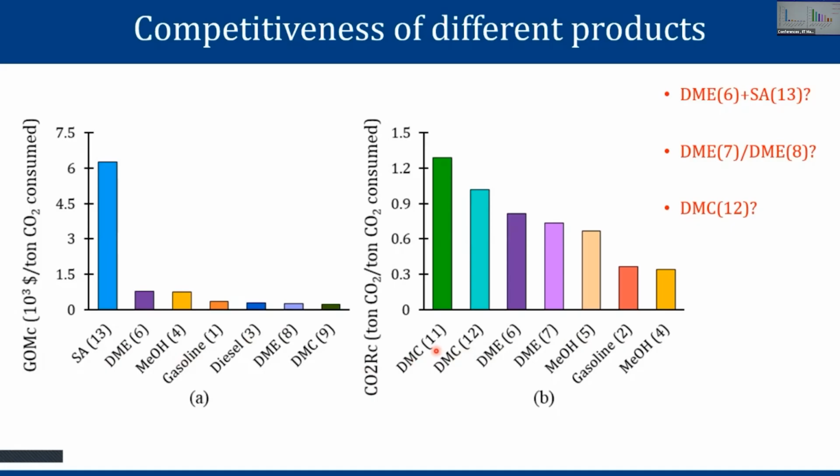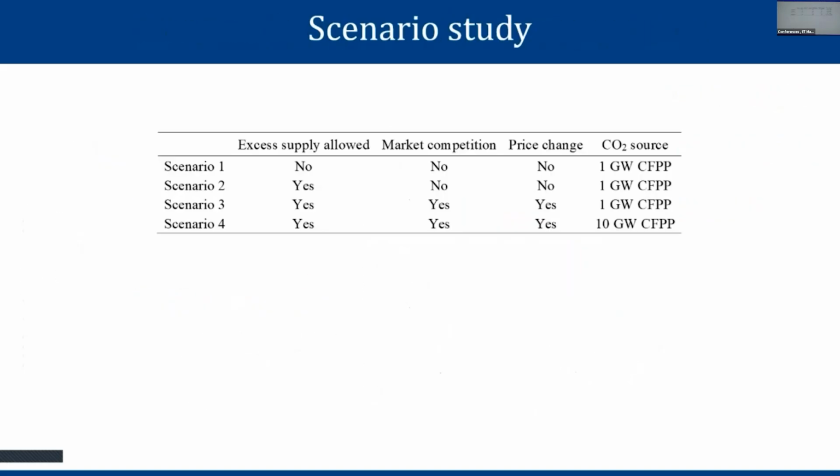So these conclusions are true if we do not consider the global market dynamics. However, I will show you that these are not true if we consider the global market dynamics. To illustrate the effectiveness of the analysis framework that we have proposed, we considered 4 different scenarios.